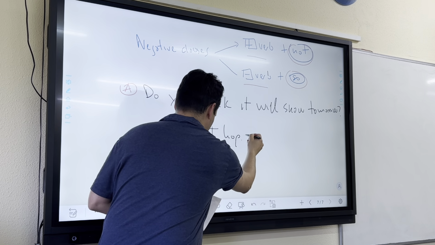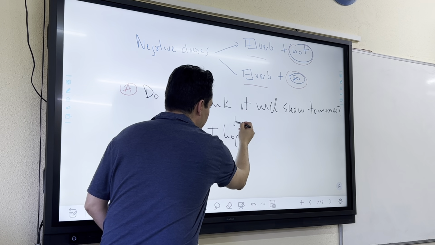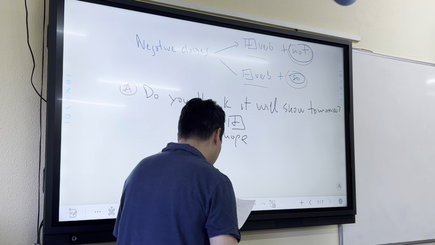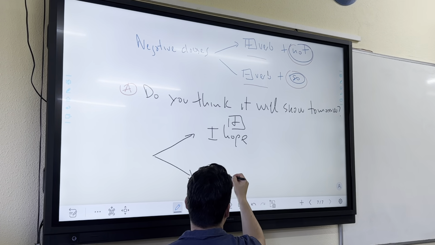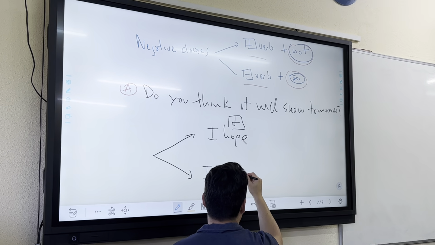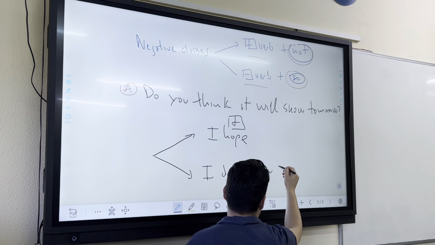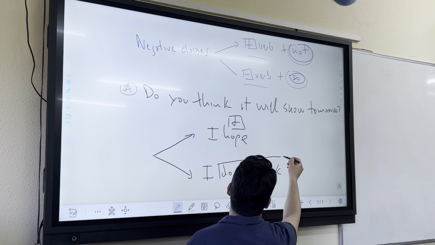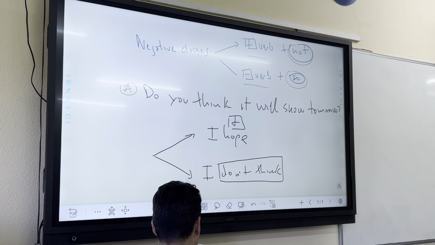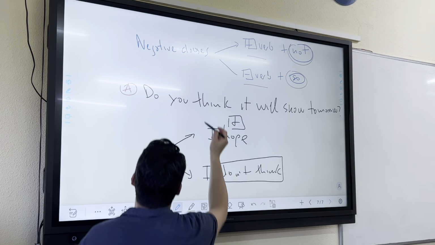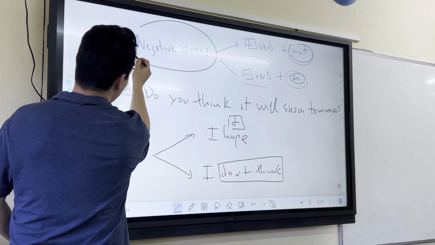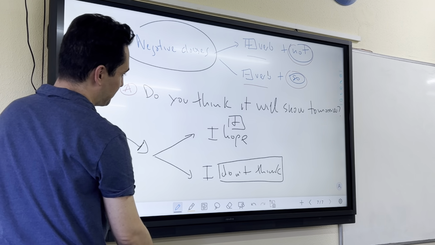You can answer with I hope, and this is a positive sentence. I hope, and this is a negative sentence. I don't think. And I want you to provide a negative sentence, a negative clause, okay? I want your answer to be negative.